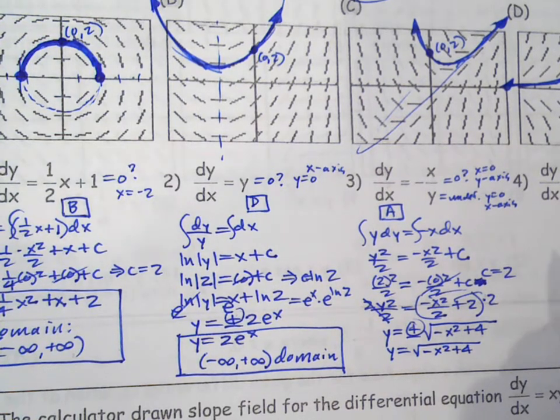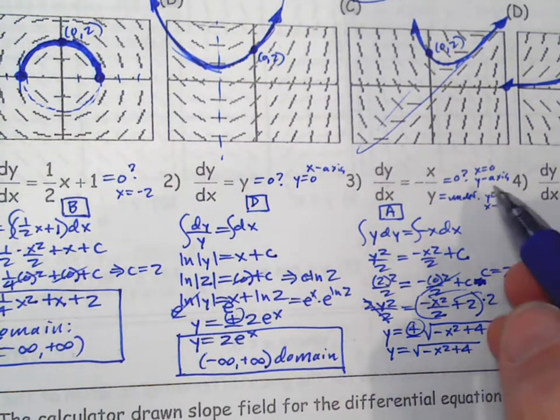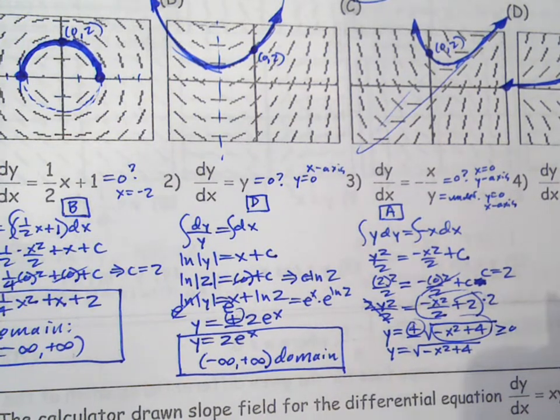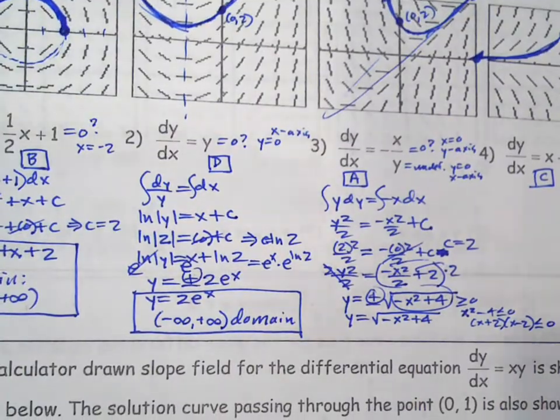Now the domain. The inside of this square root has to be greater than or equal to 0. So that's an issue right there. You could do x squared minus 4 is less than or equal to 0. And usually a line check is helpful here. Well, actually, I'm not even going to do a line check, because finding the actual domain is more work.